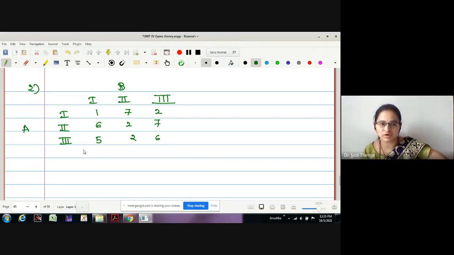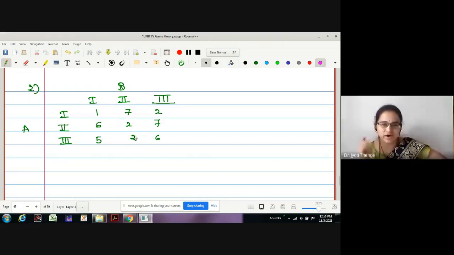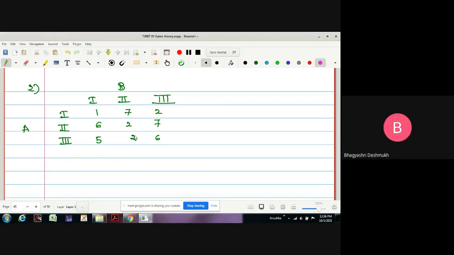Which row or column do you feel is dominated? Superior, inferior? The third column is superior to the first column. Third column is superior to first.